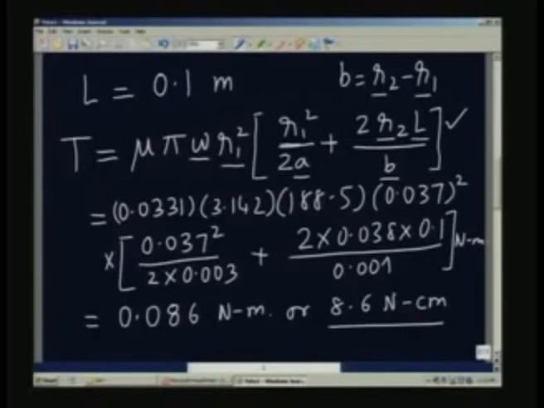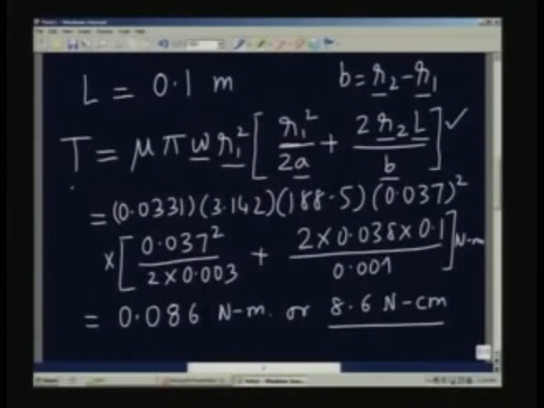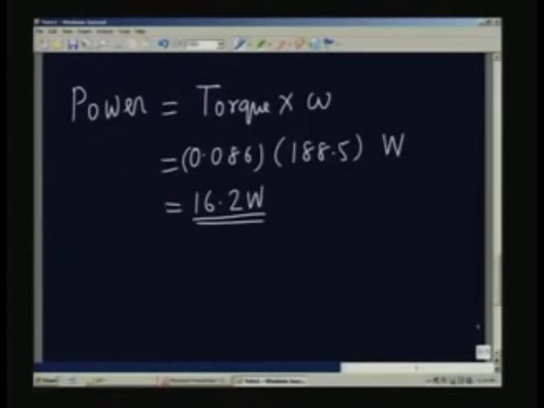What you are expected to do is to use the propagation of error formula which we gave long ago in one of the earlier lectures, and obtain all the influence coefficients with respect to omega, R1, A, R2, L, and B, which is automatically covered by R2 and R1, and then use the error propagation formula and work out what will be the error in the estimated value of T. And the next level, when you want to calculate the error in the estimated value of the wattage or the power, we use the power formula P equal to T omega.